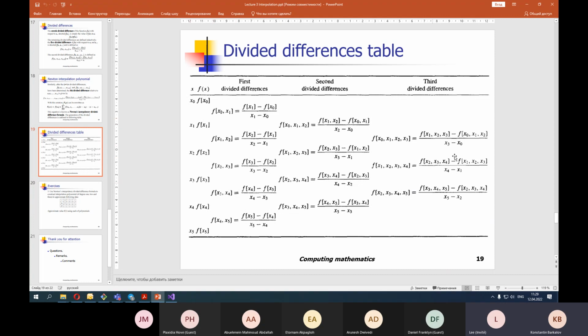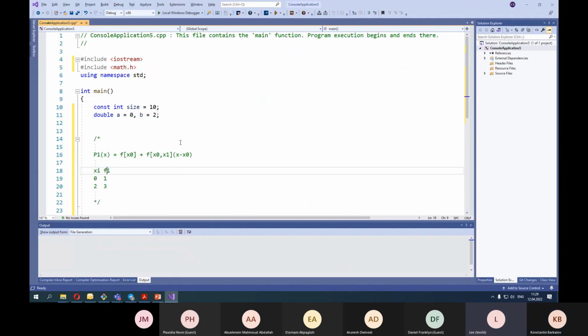According to this general table, we write x0, x1, f of x0, f of x1. Now we can find the first divided difference. Please find the value of the first divided difference at the point x0.